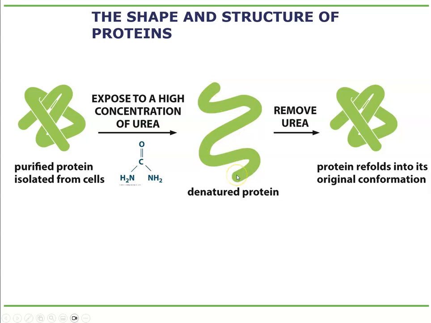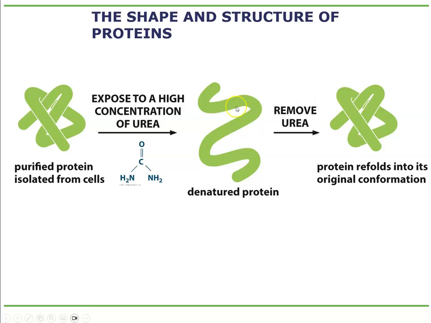It allows the protein to denature and unfold in solution, because it is water soluble, breaking apart all of those bonds and interactions. If you dilute it out or get rid of it, the protein will refold back into the native conformation, because again, it's based on that lower energy conformation.